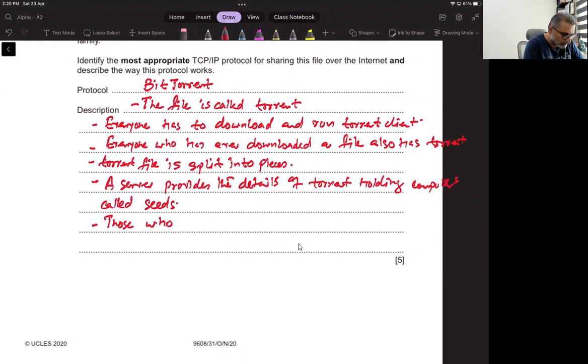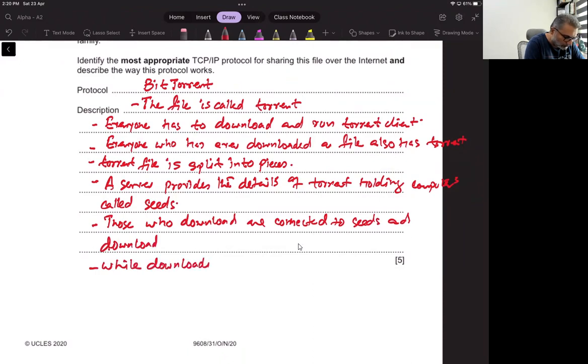Those who download are connected to seeds and download. While downloading, the user becomes a seed too.